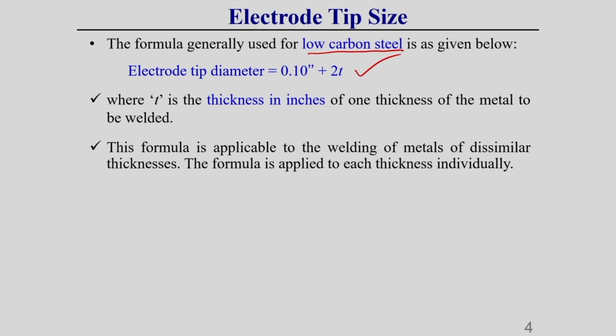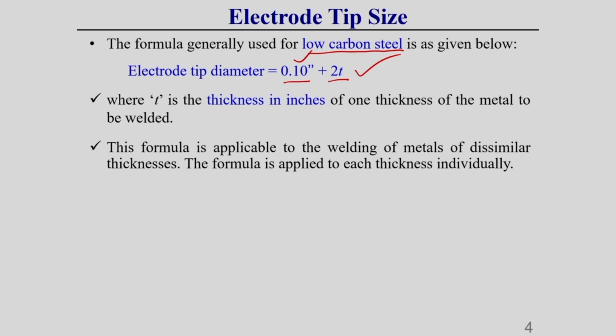The electrode tip diameter should be equal to 0.1 inch plus 2T, where T is the thickness of the plate. T should be in inch, because the relationship is in inch, and the electrode tip diameter will also come in inch. You should keep this in mind.